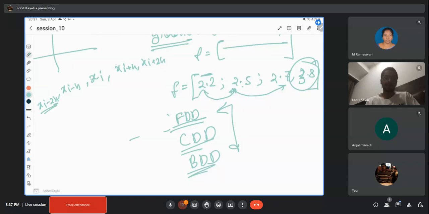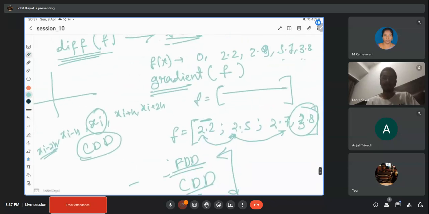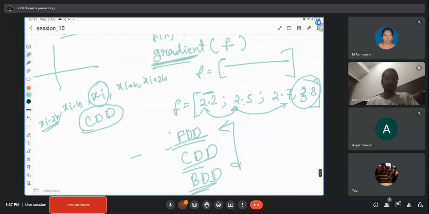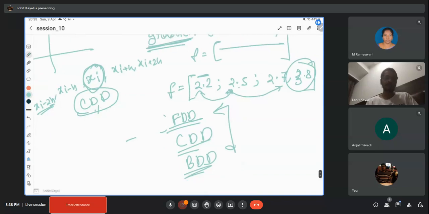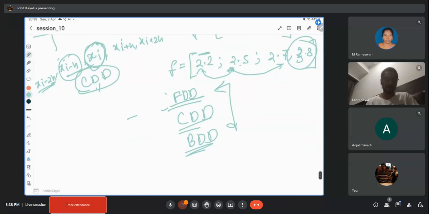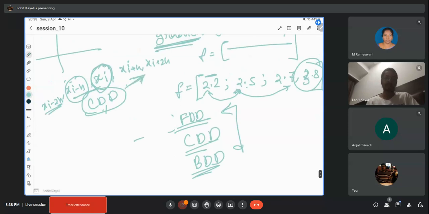Then you will be safe, because for this xi you are sure that MATLAB will use the central difference divided difference scheme. But if you just use 3 points, for this point it will use the BDD and FDD. Then in this case your solution will be less accurate, because we have already seen that for CDD the solution is more accurate compared to the BDD and FDD schemes.